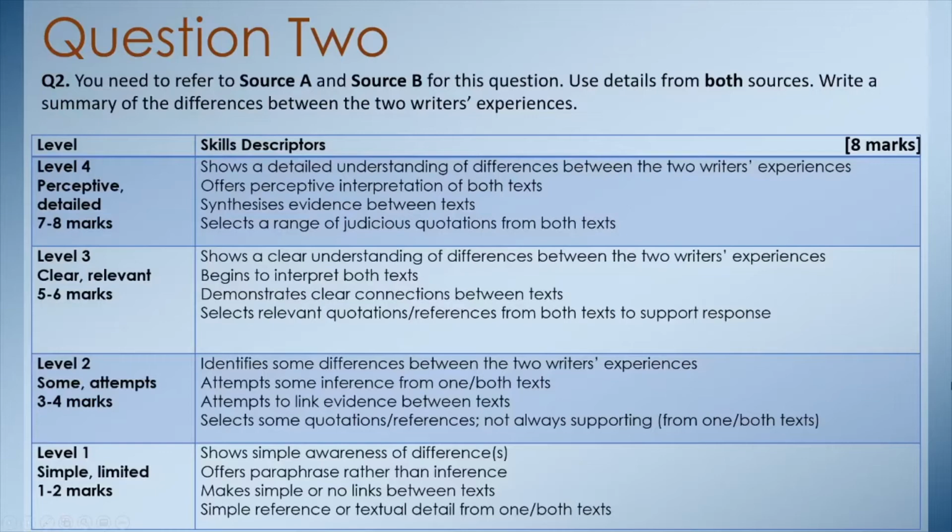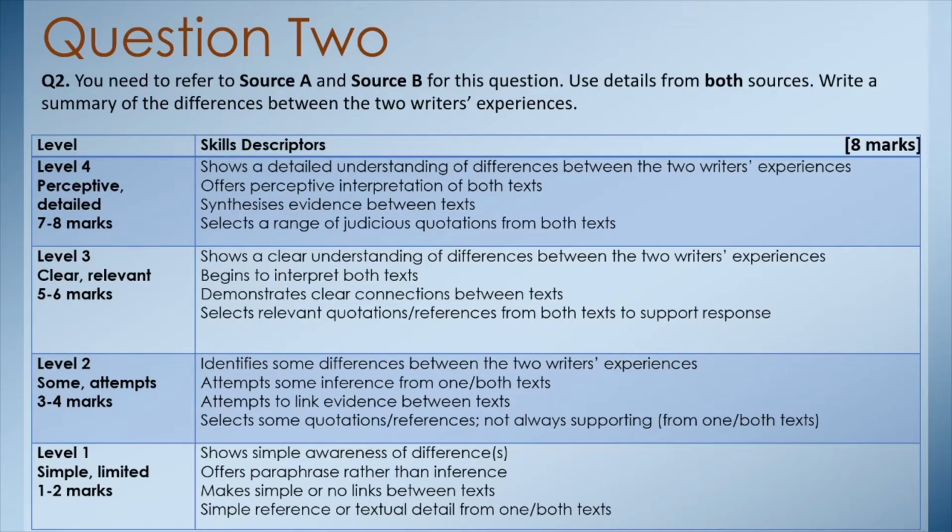So just before we dive into looking at question 3, this is the mark scheme that is used by the examiner to mark that question. Now you want to aim for level 4 to provide perceptive and detailed responses. So you can see there the descriptor for level 4.